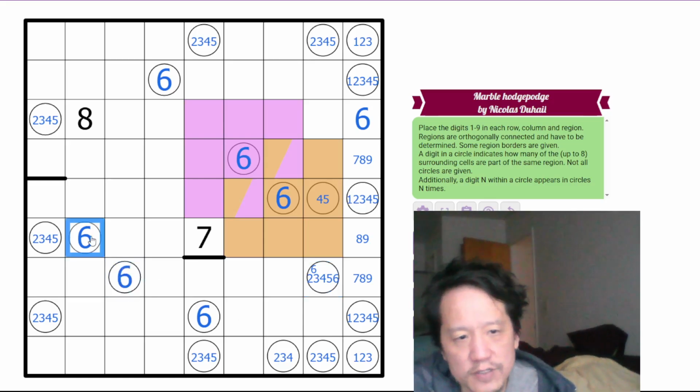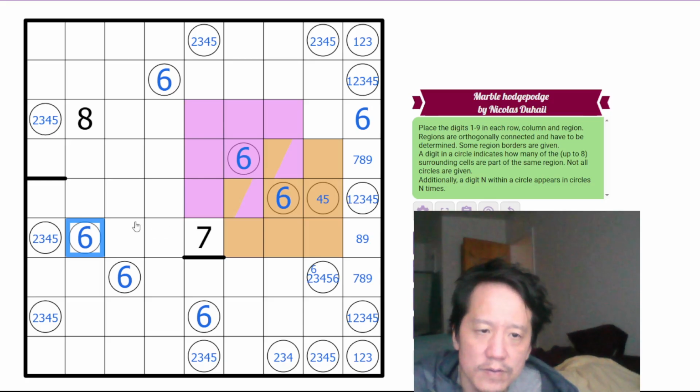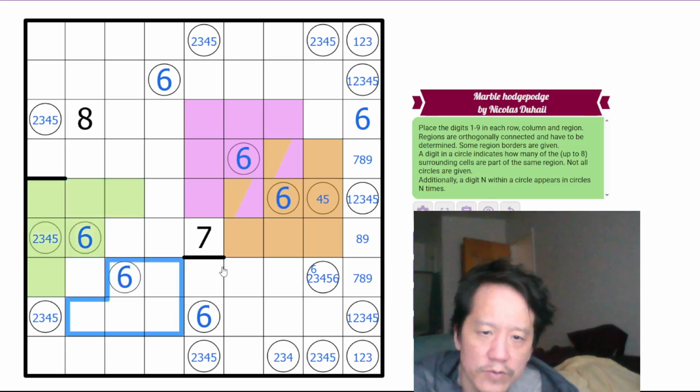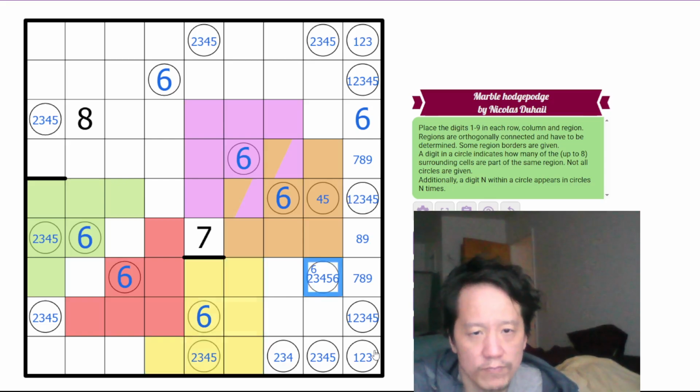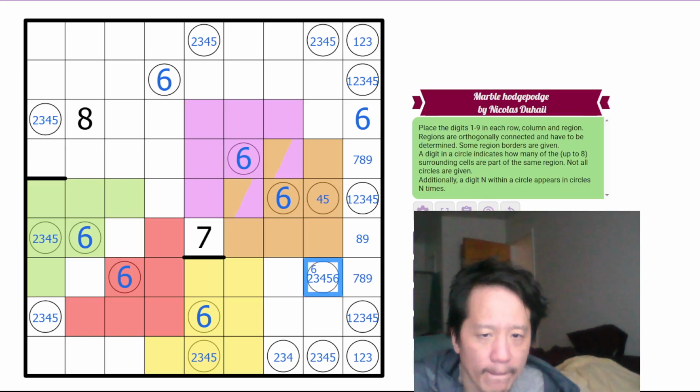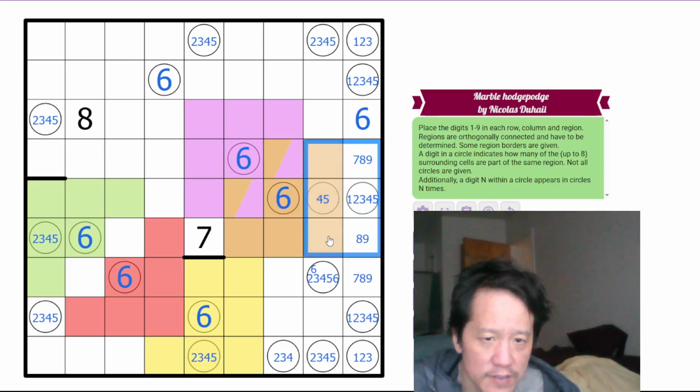What happens if we have 6 and 6 here then? Okay. So this is green. We have red. All of these are yellow. If this were 5, we'd have 1, 2, 3, 4, 5, 6, 7, 8, 9, 10.